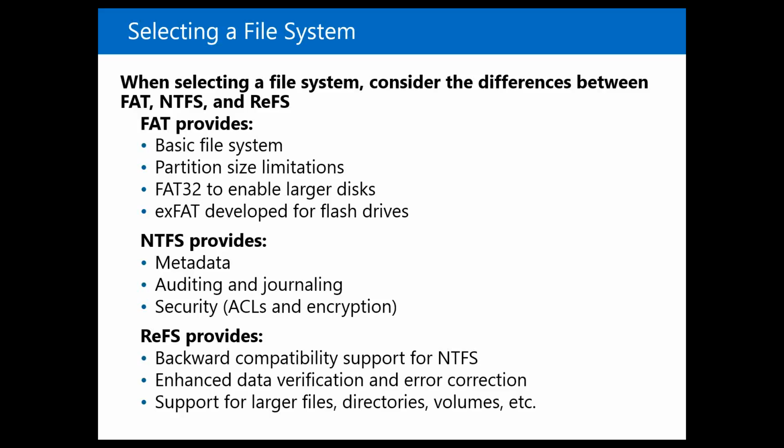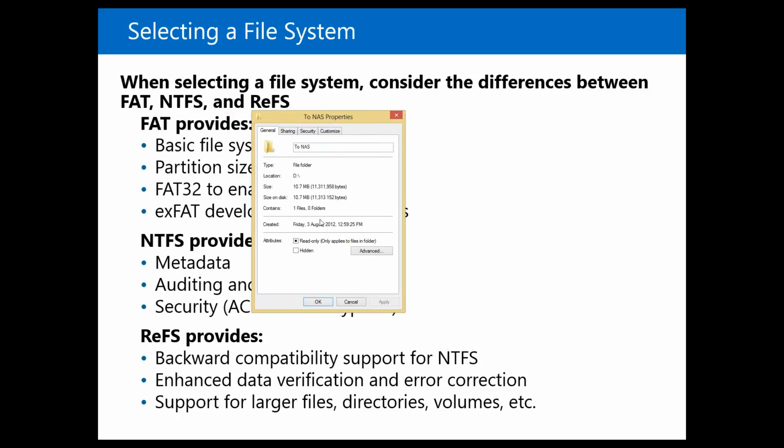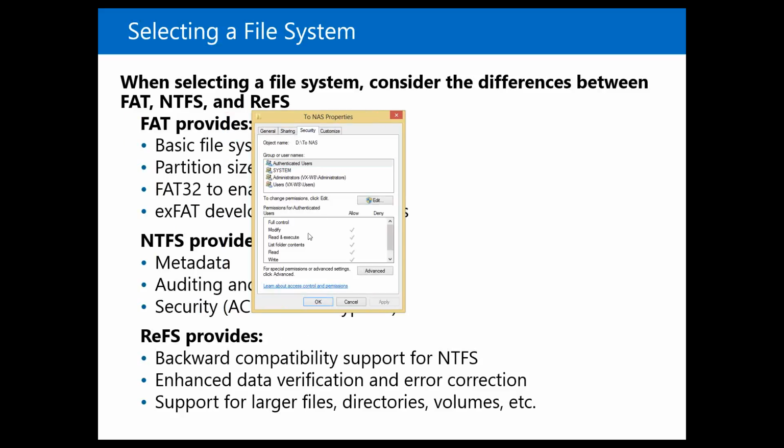Then we had NT 6, Vista 6.1, 6.2, and now Windows 8. NTFS provides basically metadata. It's there for auditing and journaling. It has enhanced security features such as, I can just go to any network file, and if I see these security options, it means I'm using NTFS.